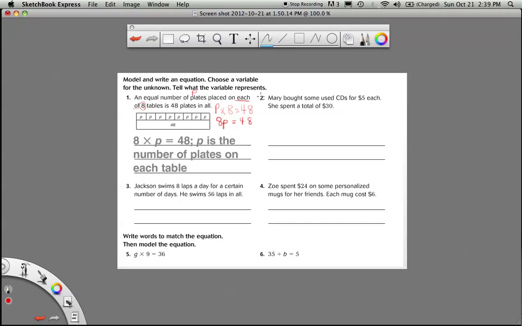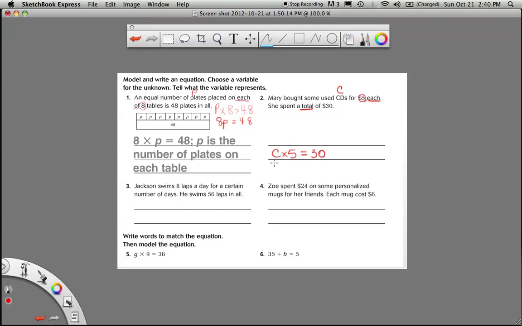So let's practice that over here with number 2. It says Mary bought some used CDs. It just says some. We don't know how many, so we'll just make that our variable C. The C stands for CDs. So she bought some used CDs for $5 each. So that tells me I'm going to multiply that C times 5 for a total of, which means equals, $30.